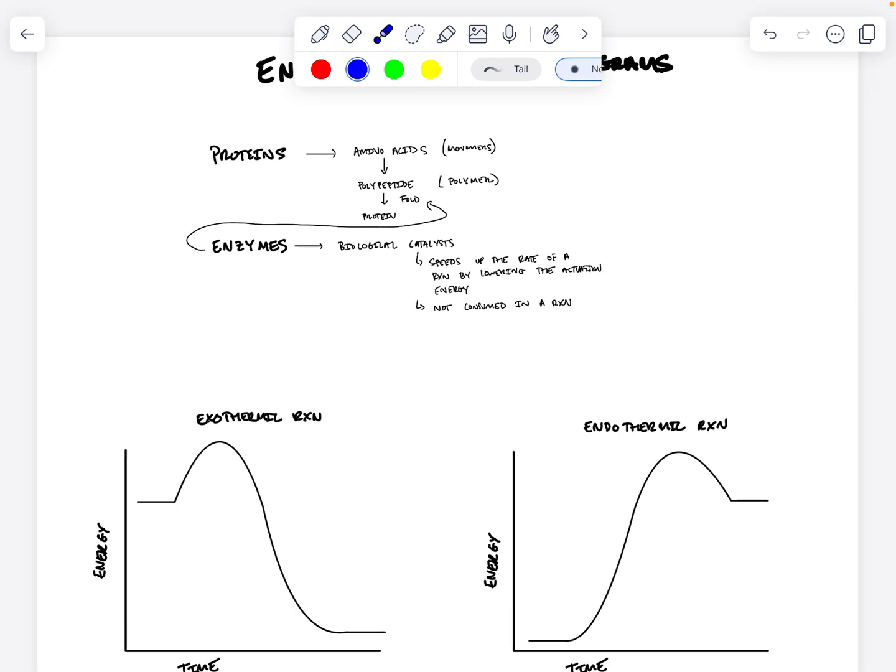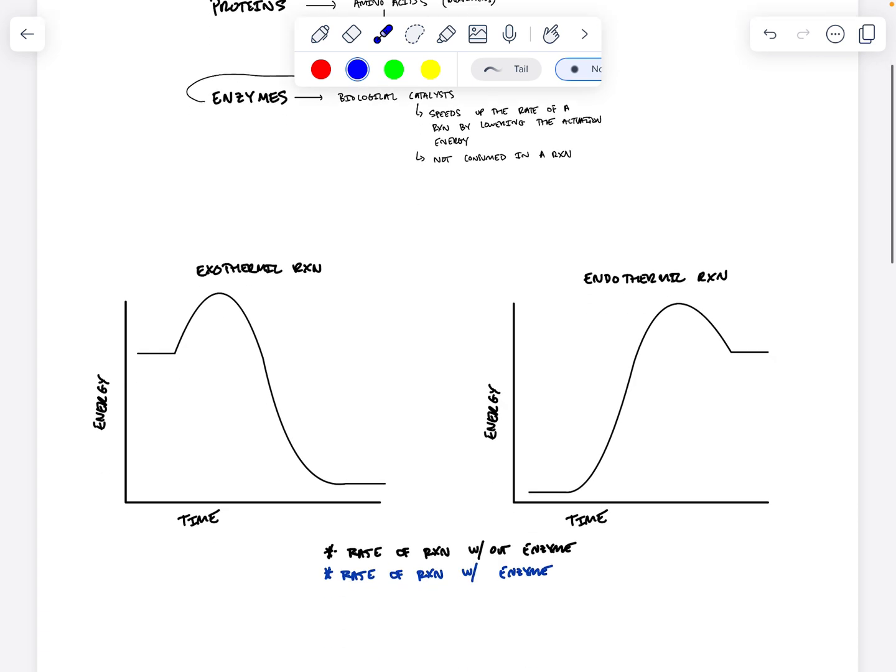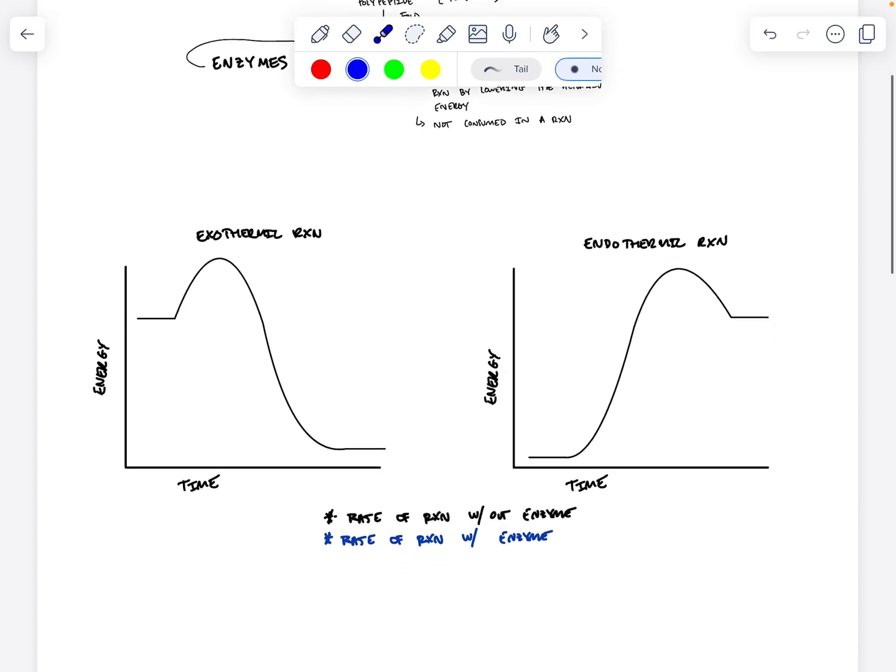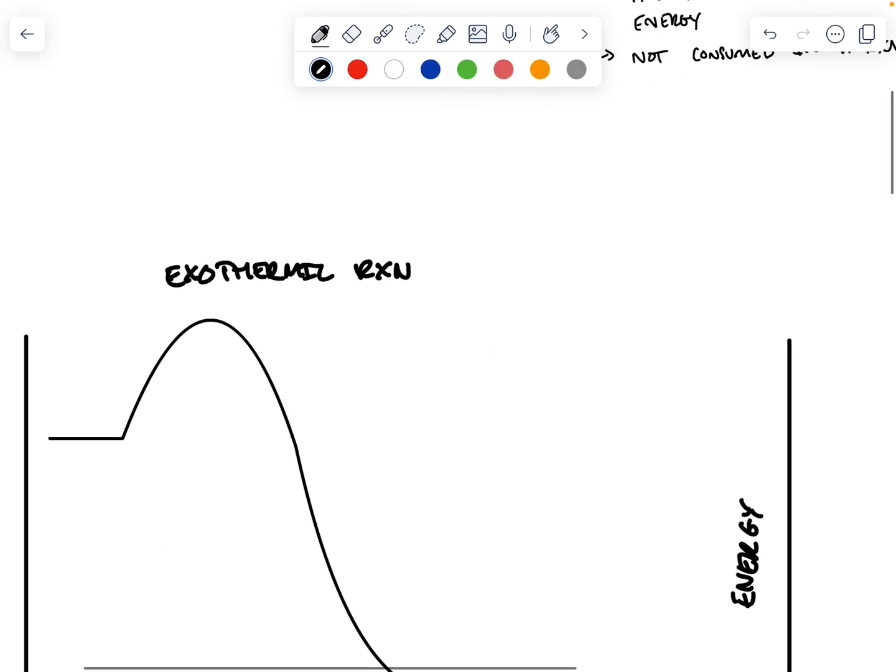Okay, there are 2 major types of reactions in this world. They're called exothermic reactions and endothermic reactions. Exothermic reactions are reactions that release energy.